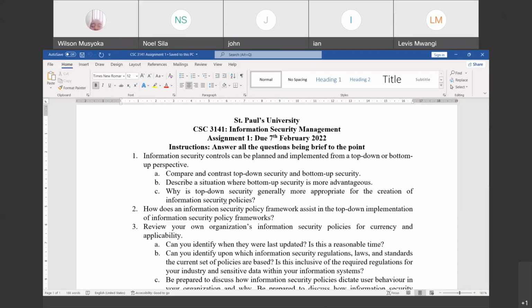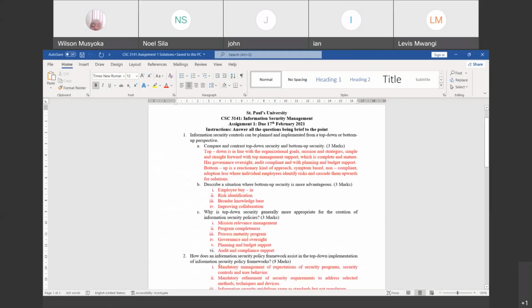So that is how the two can be differentiated. There are scenarios where you can use top-down, and scenarios where you can use bottom-up. So where is bottom-up more advantageous? That was the second question.